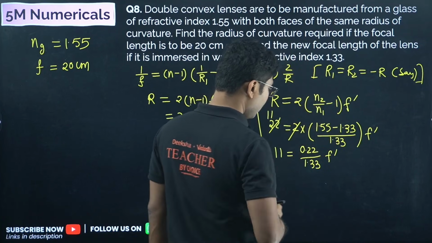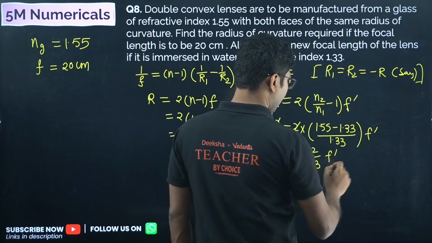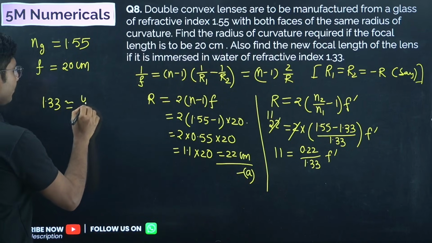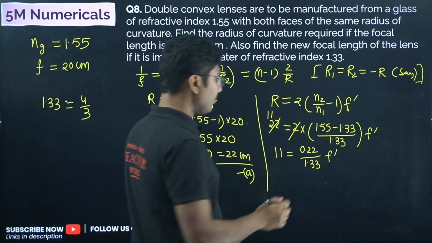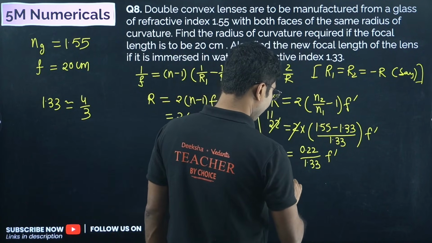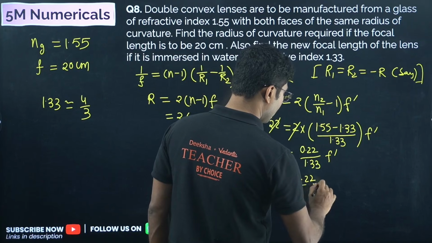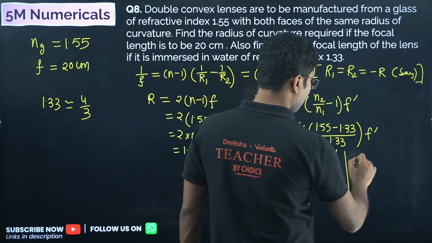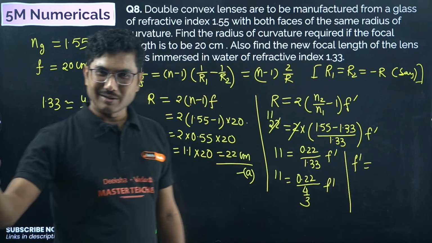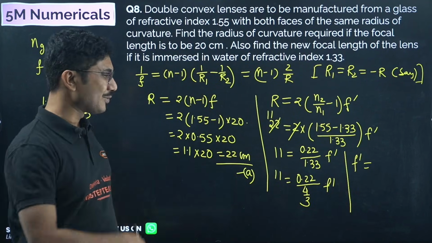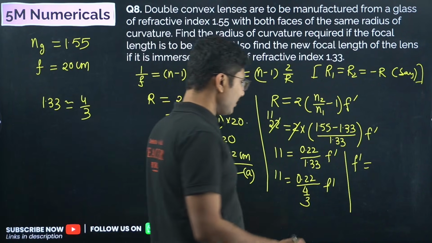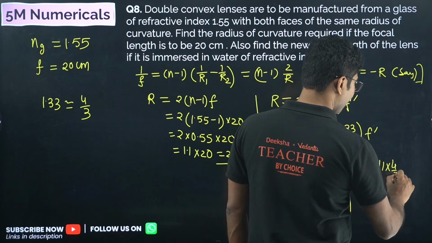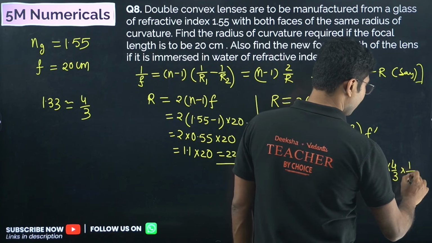By the way, 1.33 can be approximately written as 4 upon 3. You can check that. So we will use that fact over here also. So 11 equals 0.22 divided by (4 upon 3) into f dash. Or you can use the calculator, but I am not using the calculator, that's why I am using some fancy tricks, nothing else. So f dash equals 11 into 4 upon 3 into 1 by 0.22.